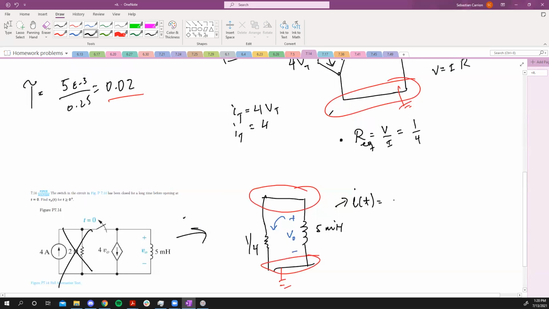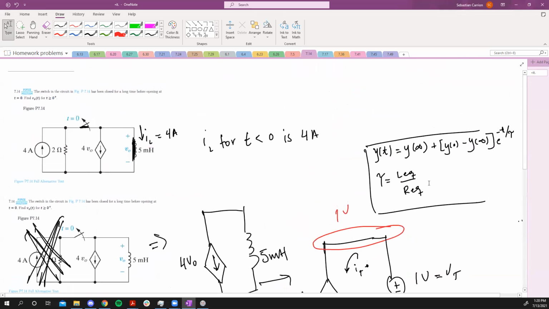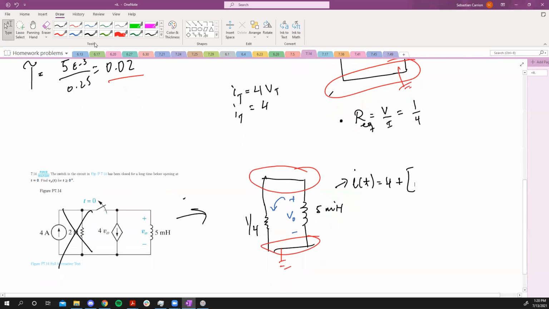We know that I at time 0 is going to be 4 amps, and at time infinity it's going to be 0. So we're going to have a 0, 4, 0.